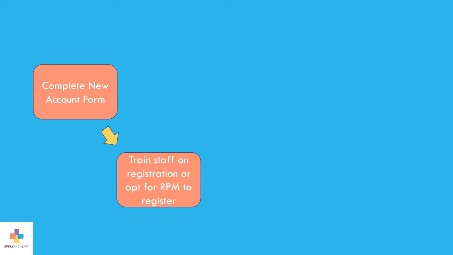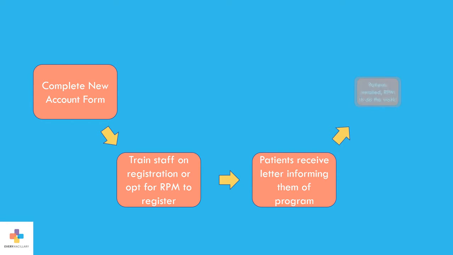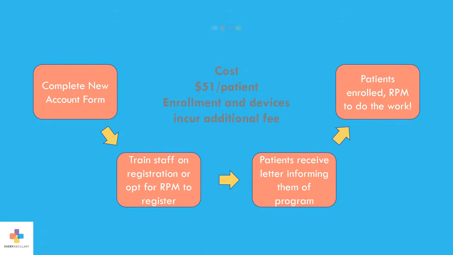Your staff will be trained on patient registration, or you can opt to have our RPM provider do the enrollment for you. Patients receive a letter informing them of the program. Then, patients are enrolled, and the RPM provider will do all the work. Your practice will reap the benefits of improved patient care and improved QUM and outcomes for a cost of $51 per patient. Enrollment and devices incur an additional fee.